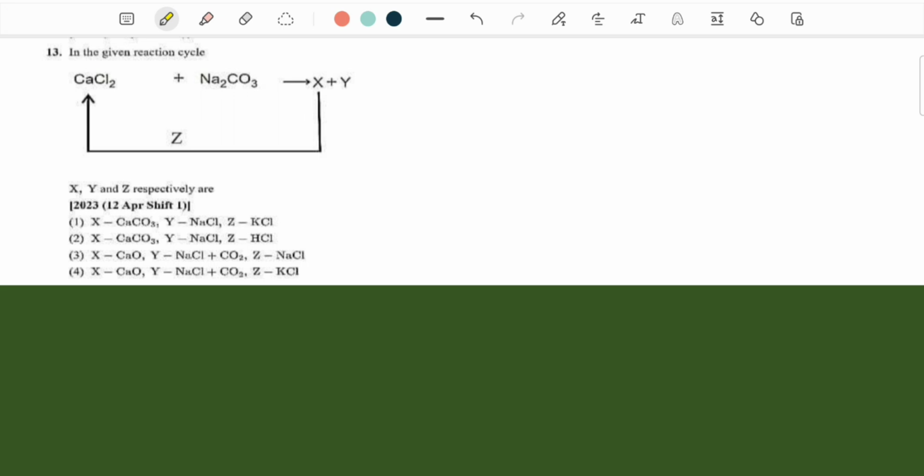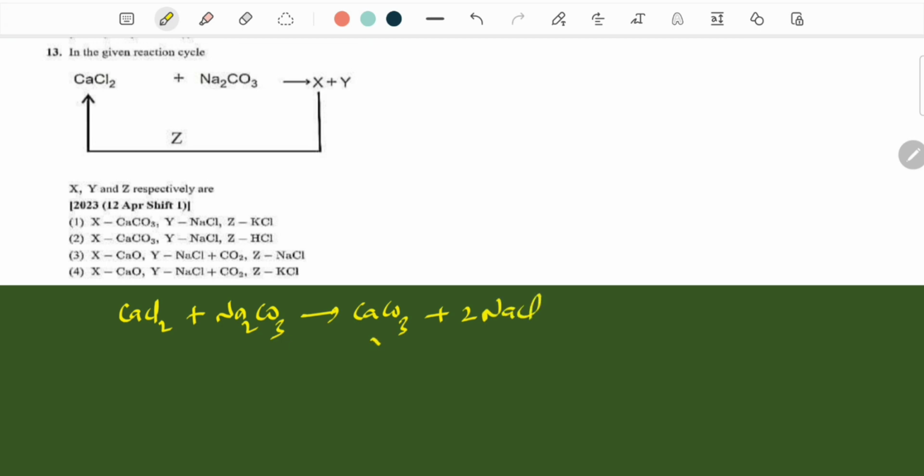In the given reaction, calcium chloride reacts with sodium carbonate. I am writing the equation: CaCl2 reacts with sodium carbonate to give calcium carbonate and sodium chloride.